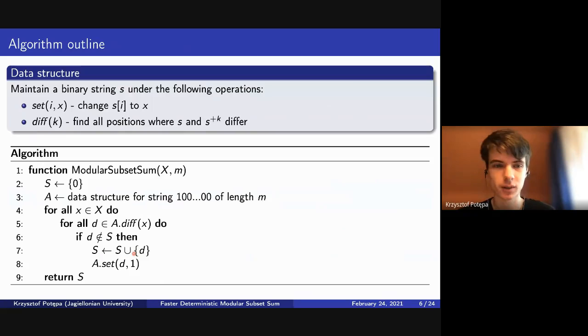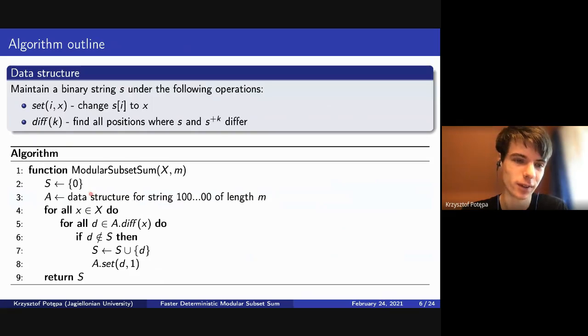And if we do this, what complexities do we want for these operations? We want set to work in some polylog time, for example, and the diff should work in time dependent on the output of diff. For example, if it returns d differences, then it should work in d multiplied by polylog time, something like this.